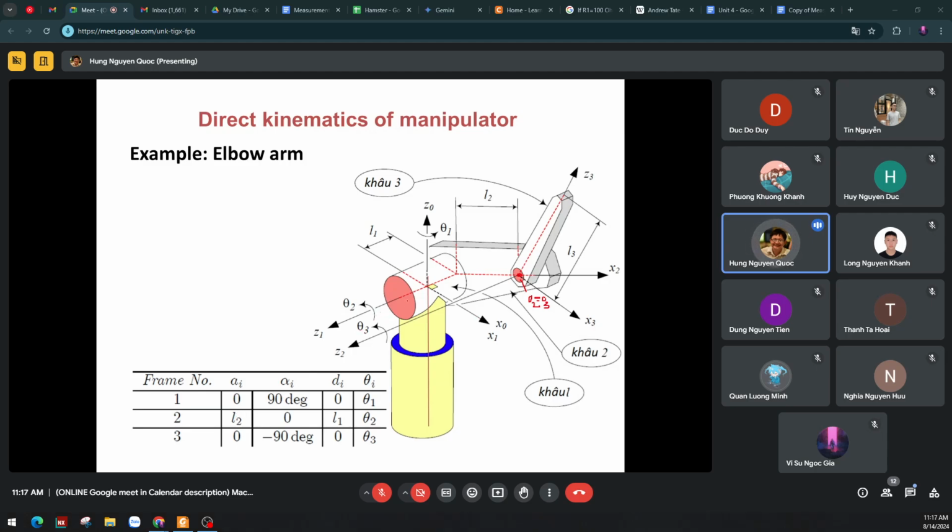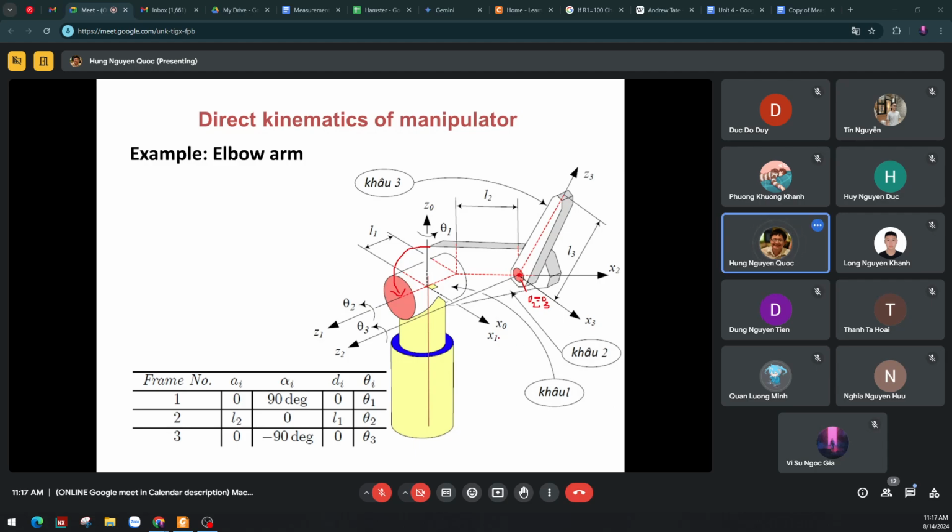A1 is the distance between Z0 and Z1. They are 0. This one is L2, and this one is 0. Alpha is the angle between Z1 and Z0. When you look from X1, you make the rotation for Z0 to be coincident with Z1. So this angle is pi over 2.